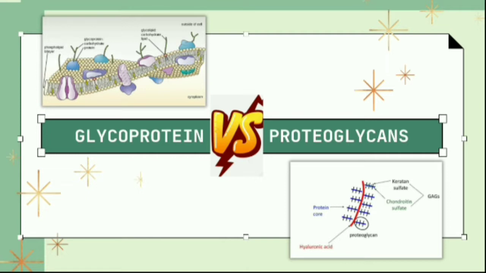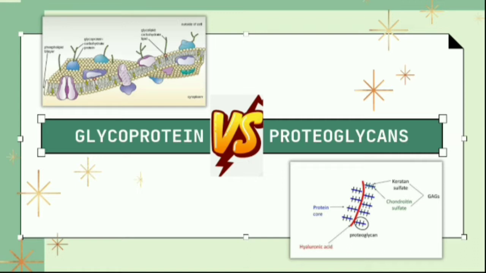So now, let us differentiate these two terms when it comes to the definition, the structures, the carbohydrate content, the carbohydrate chains, as well as the location and the role.